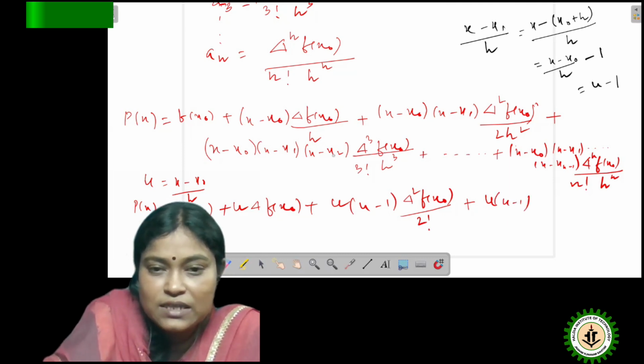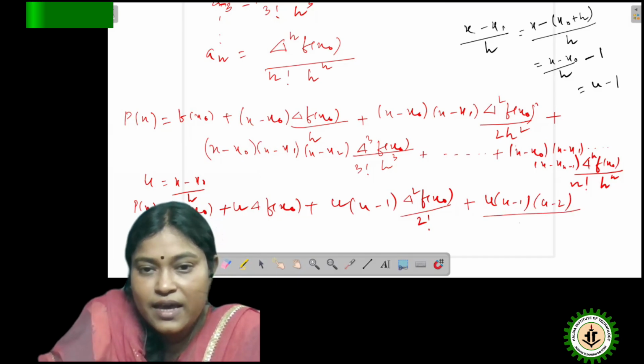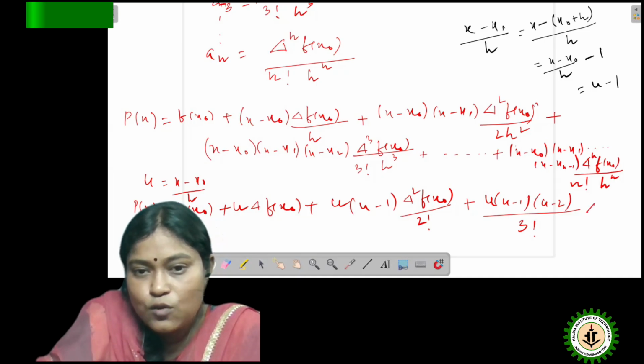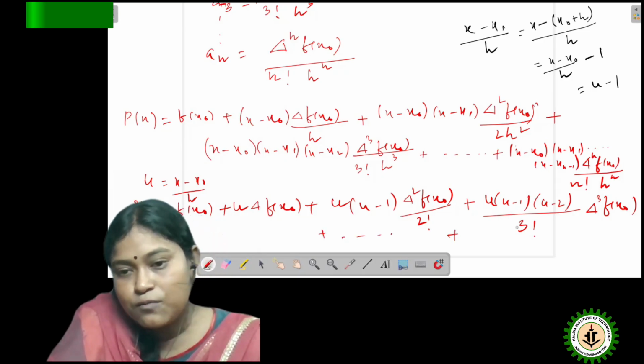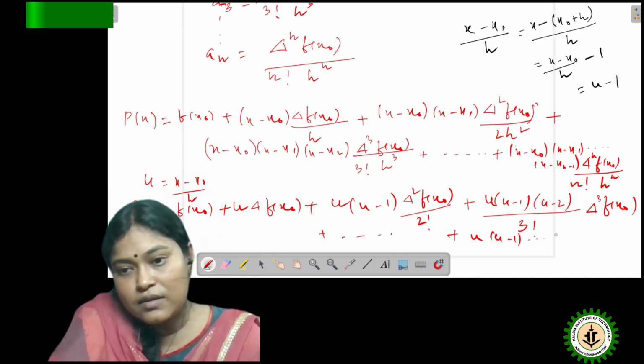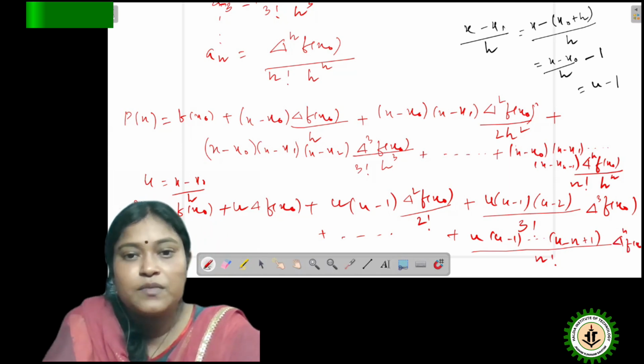Similarly, x minus x2 by h, that I can put as u minus 2, by factorial 3 I have, into delta cube f of x naught plus, the last term will be u into u minus 1, in this way up to u minus n plus 1, by factorial n into delta to the power n f of x naught.